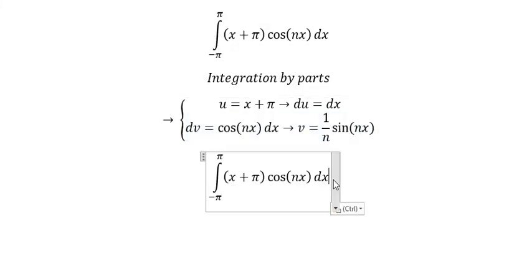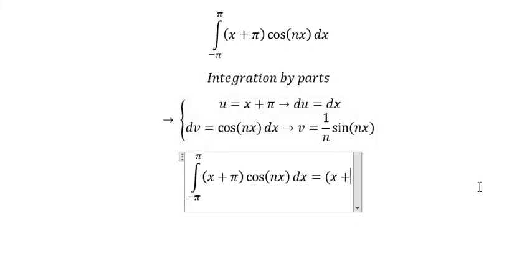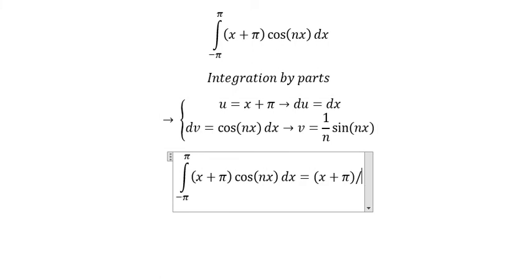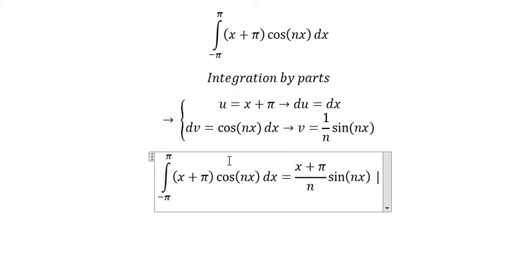So this one we have u multiplied by v, and we put the bounds from negative b to positive b.